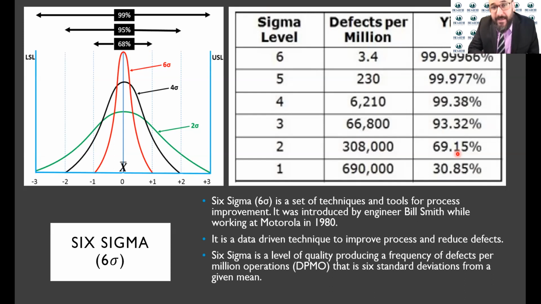Six Sigma is a level of quality producing defects per million parts or opportunities, DPMO, at six standard deviations from the given mean. So the goal is to produce a product or service that can fit within six standard deviations from the given mean.